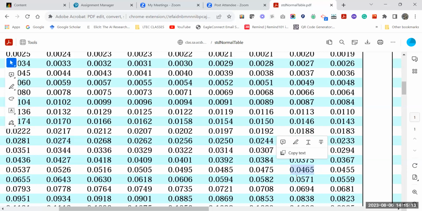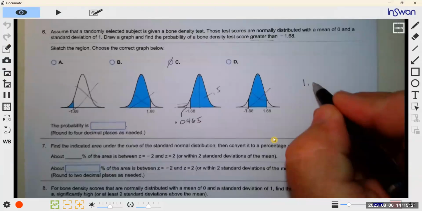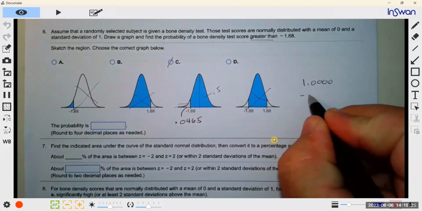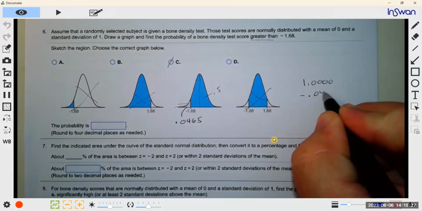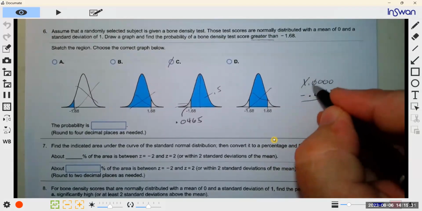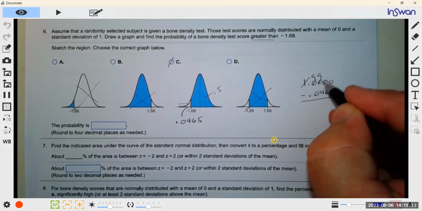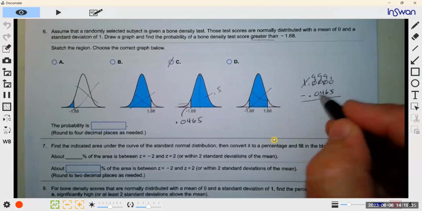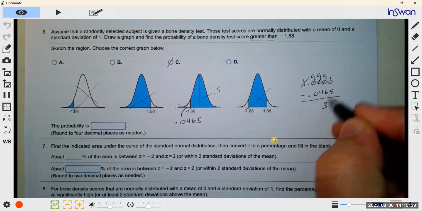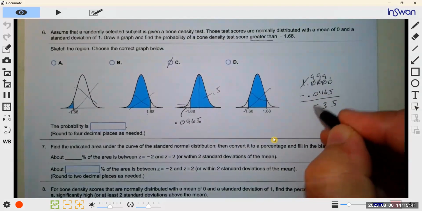So we take 1.0000 minus 0.0465. Ten minus 5 is 5. 9 minus 6 is 3. 9 minus 4 is 5.